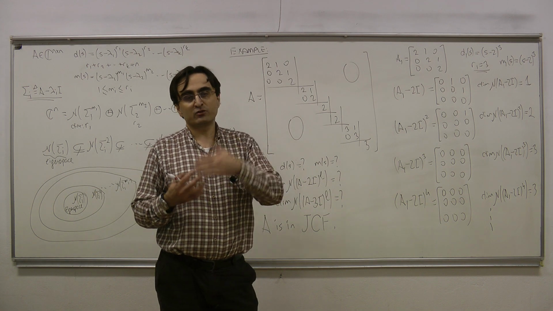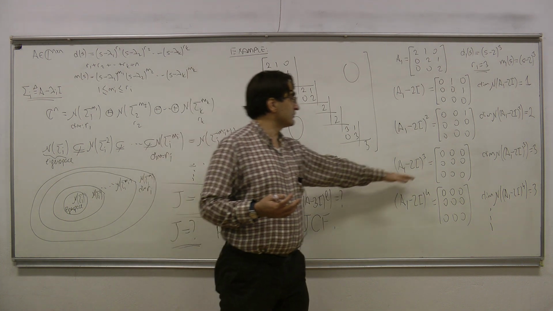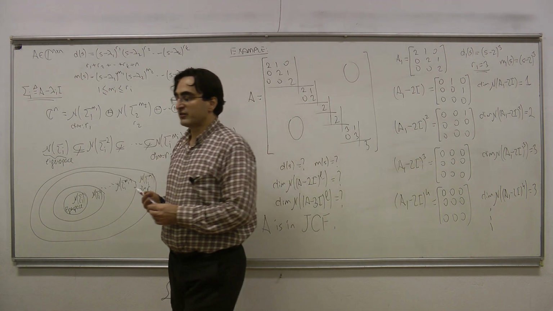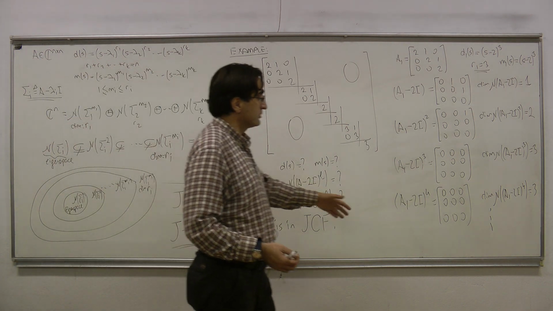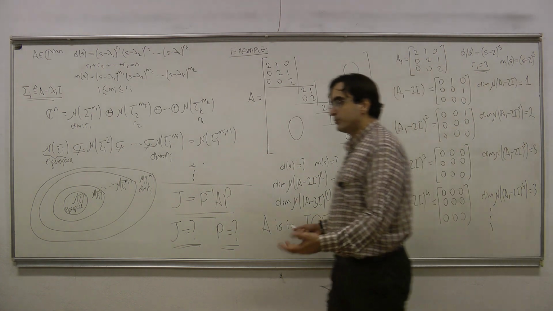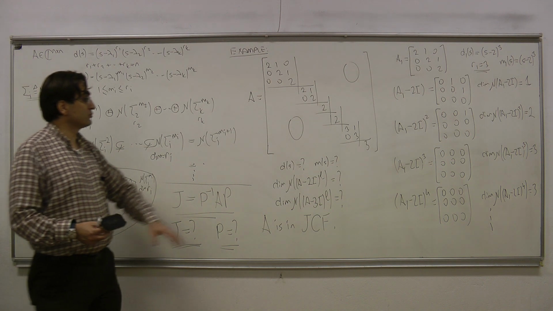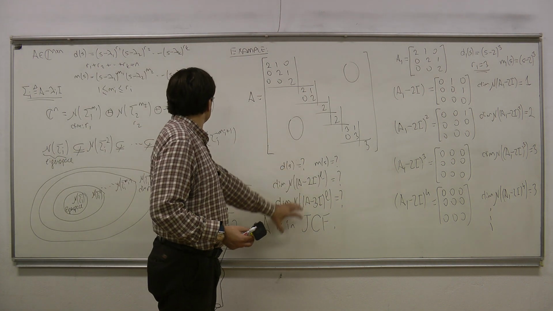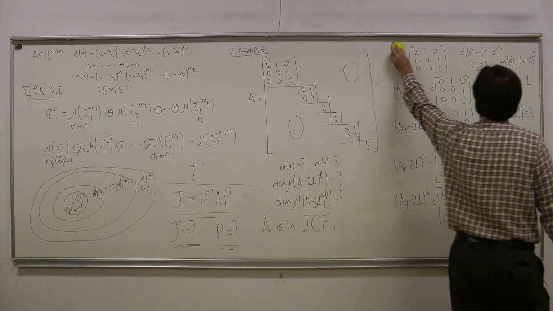And once we reach the maximum power, which is the size of the Jordan block, then the dimension increase would stop for further powers. Okay? So this was the interesting idea that is going to enable us to calculate these quantities here. Okay?